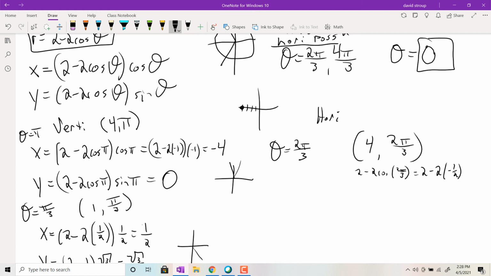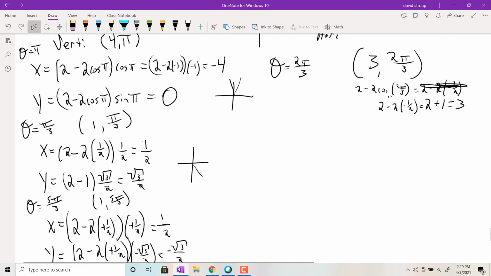What the heck am I doing wrong then? Oh, this is negative 1/2, so this would be 2 minus 2 times negative 1/2, which would be 2 plus 1, which is 3. So this is 3.